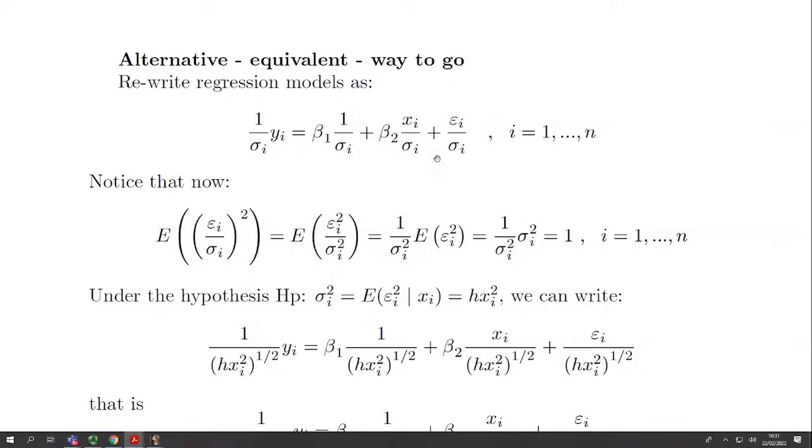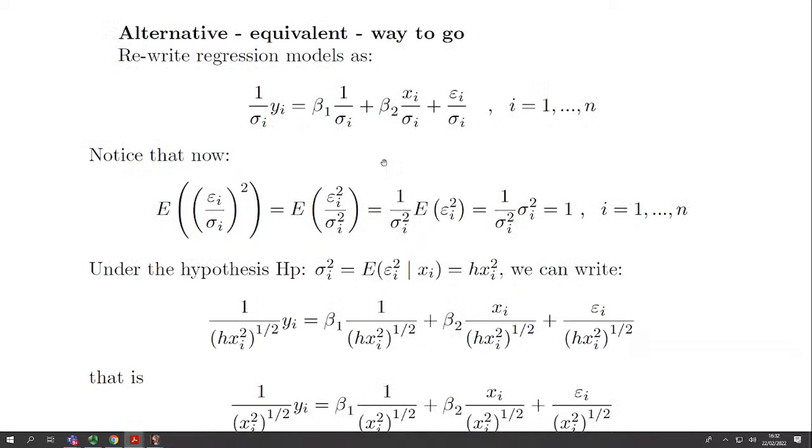And I have divided by the standard deviation, because I know that this novel random variable by construction has variance 1. So by this simple operation, I standardized my regression model such that I switched from heteroscedasticity to homoscedasticity.